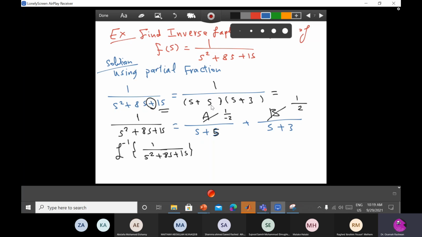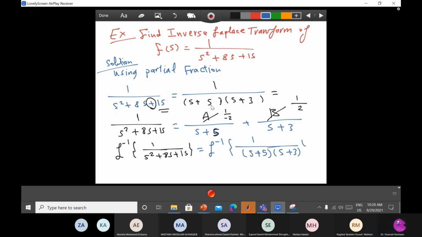It is exactly equal to its factorization, 1 over s plus 5 times s plus 3, which is exactly equal to Laplace inverse of minus 1 over 2 over s plus 5, plus 1 over 2 over s plus 3.